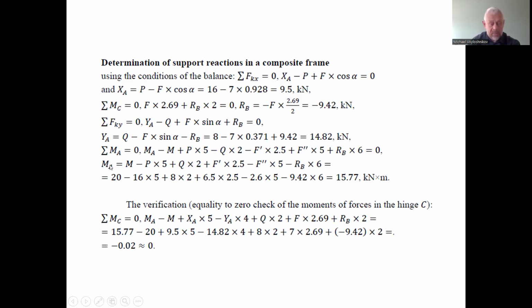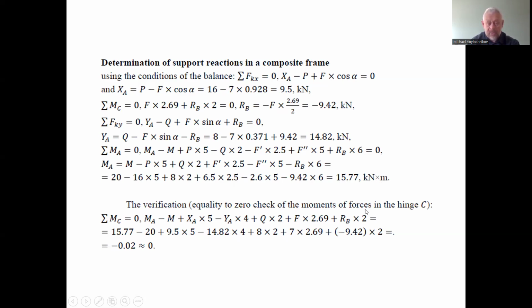After the mathematical transform and substitution of the magnitudes, the reaction moment in the support A is equivalent to 15.77 kilonewton by meter. And as well, we can verify the equality to 0.